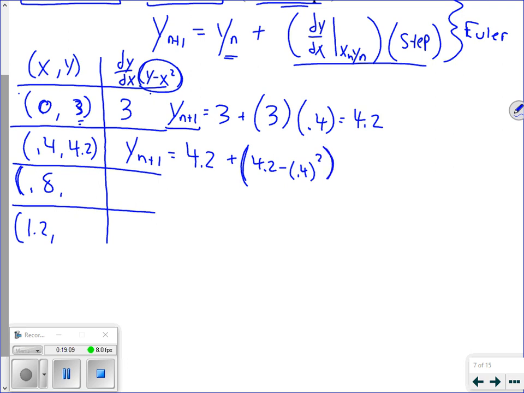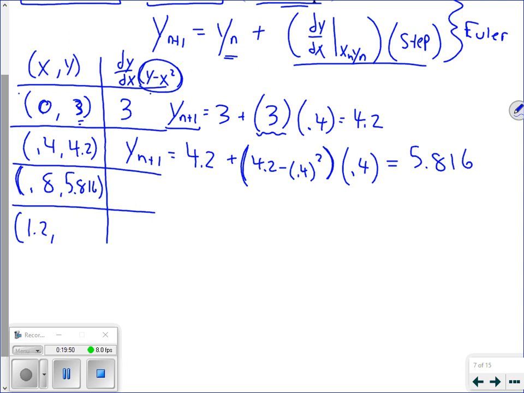Instead of just writing that out, I just went ahead and put it all into one formula. Okay? Instead of just writing it out like I wrote 3 up here, I went ahead and wrote out the work, so I don't have to end up rounding decimals that might be long. So I'm doing my previous y value plus my slope at my current point times my step, which will always be 0.4. Okay. And until you get to your final answer, keep all the decimal places. I got 5.816 here. So this is 5.816.